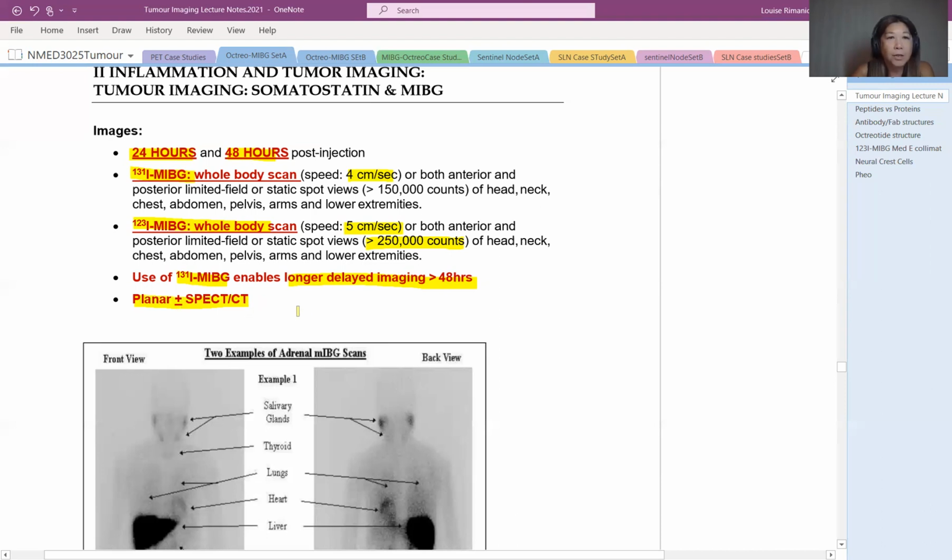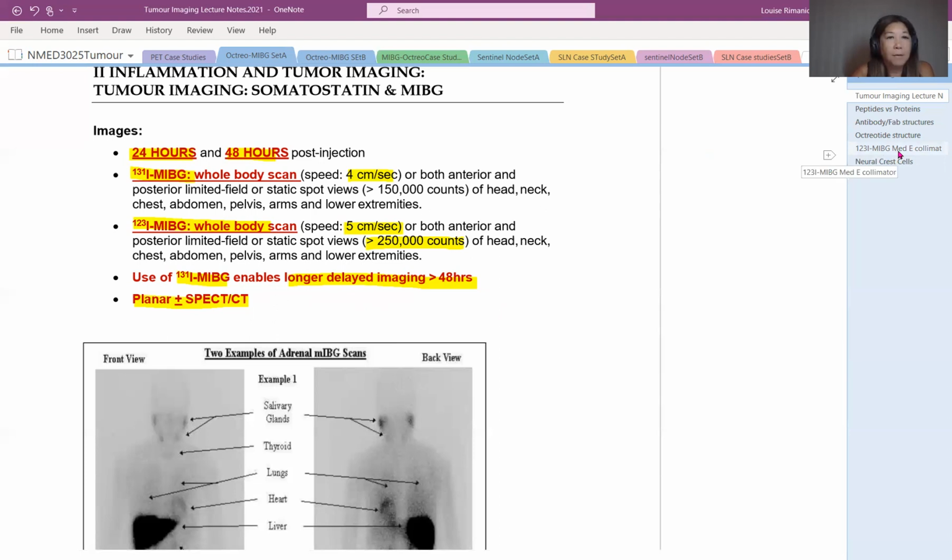So I have a question for you. What collimator do you think we should use when we're scanning I-123 MIBG? I'll let you think about that for a sec.